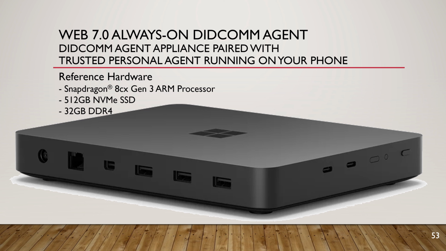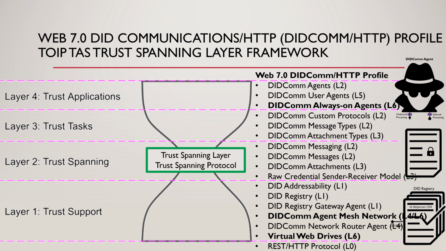But where does this layer 6 Web 7.0 live? Well, the always-on DIDComm agent is part of Trust Layer 4. You could almost think of it as foundational, but let's keep it with the agents. Let's keep it with the DIDComm agent, the DIDComm user agents, and keep the appliance up there.